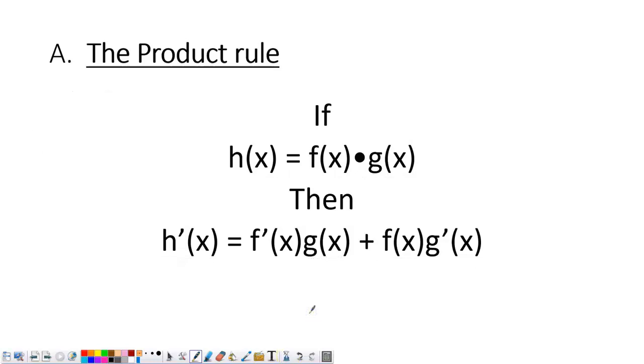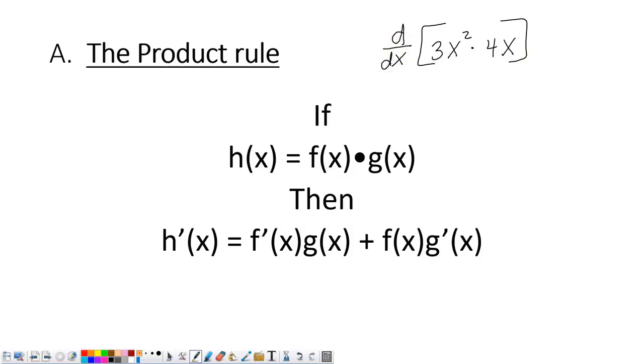Okay, so let me give you guys a quick little example just to show you how well this thing works. So let's say that I gave you guys this, and I asked you guys to find the derivative of this. Well, there's actually two ways to do it.